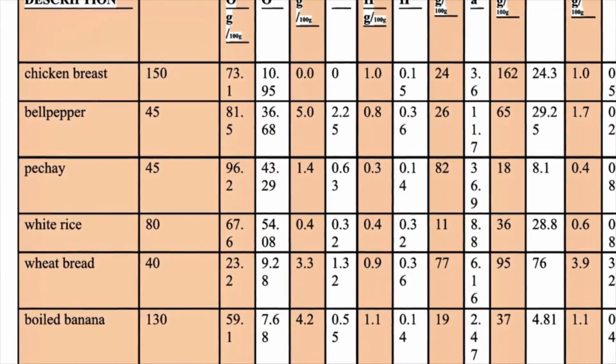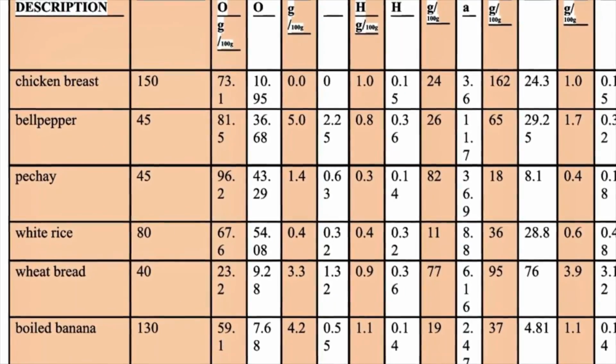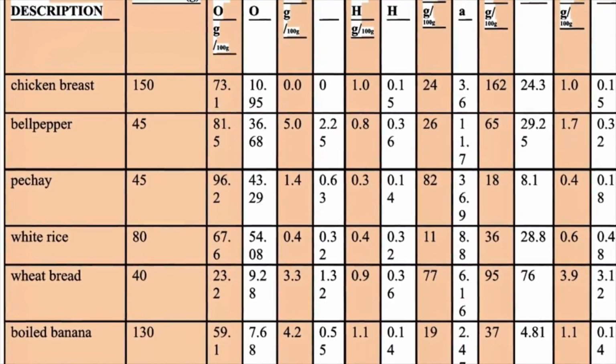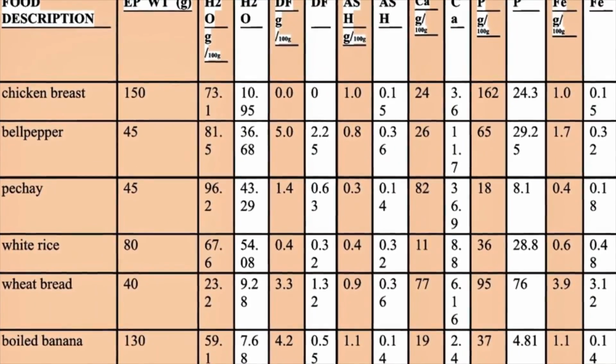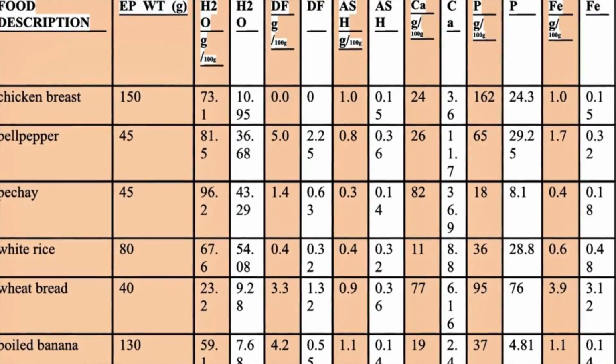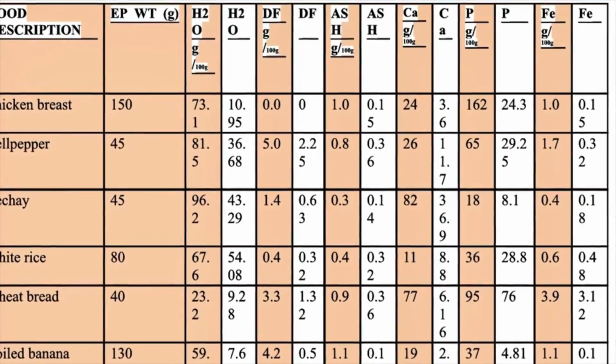In the next table, the food items are still listed and filled with their corresponding amount of food contents. The process is still the same, however, for the minerals, they are first converted from milligrams to grams before solving.